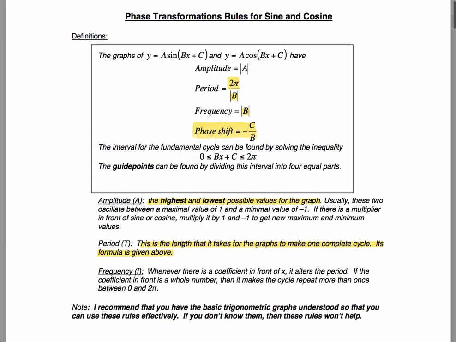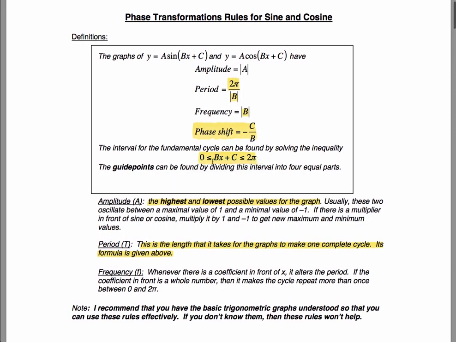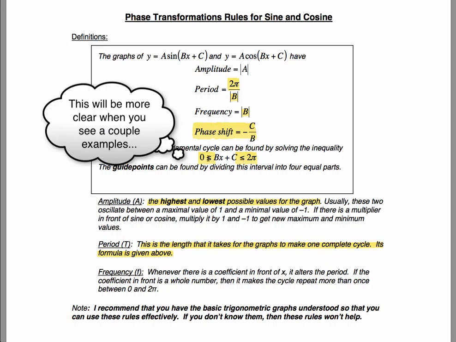And what we have is that period, that fundamental cycle, is this. So the way we're going to graph these to figure out our new endpoints of the fundamental cycle, we're going to put our phase transformation right there, the bx plus c, in between the original 2 endpoints of our fundamental cycle. Then by solving for x, we can determine what the new endpoints of the fundamental cycle are.